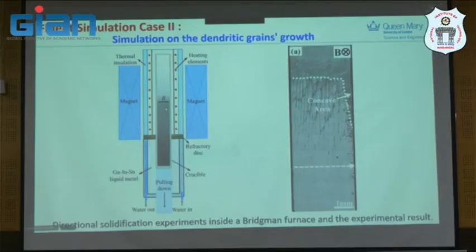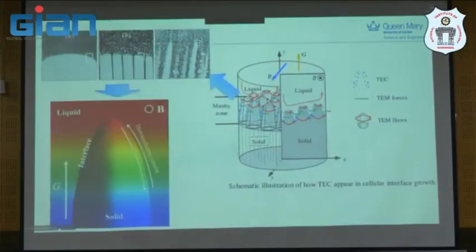So there are several physical phenomena that occur in this solidification process. As we know, the application of a static magnetic field will inhibit the metal flow due to the Hartmann effect.